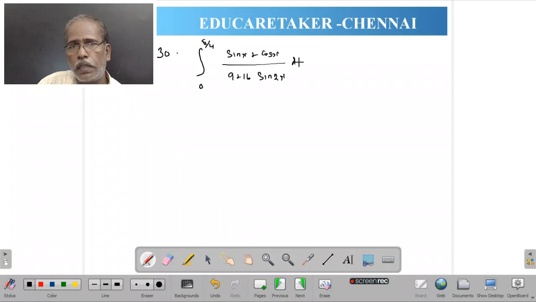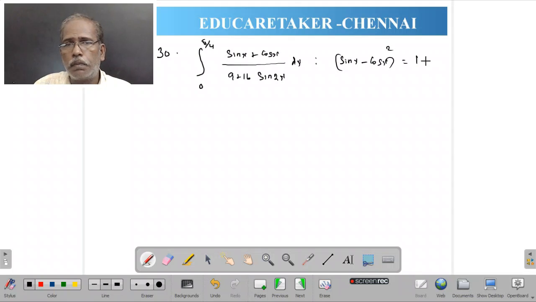So dear student, we have discussed a similar question already. Now what to do? We should write it in terms of sin x minus cos x. So sin x minus cos x, the whole square, is 1 minus sin 2x. And this implies sin 2x can be written as 1 minus (sin x minus cos x) the whole square.